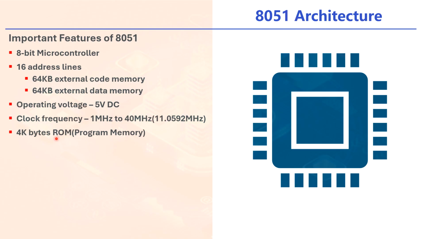That is also called the ROM, read only memory. Understood? Now, 128 byte RAM data memory. This data memory is nothing but RAM, random access memory. This is the full form of RAM.